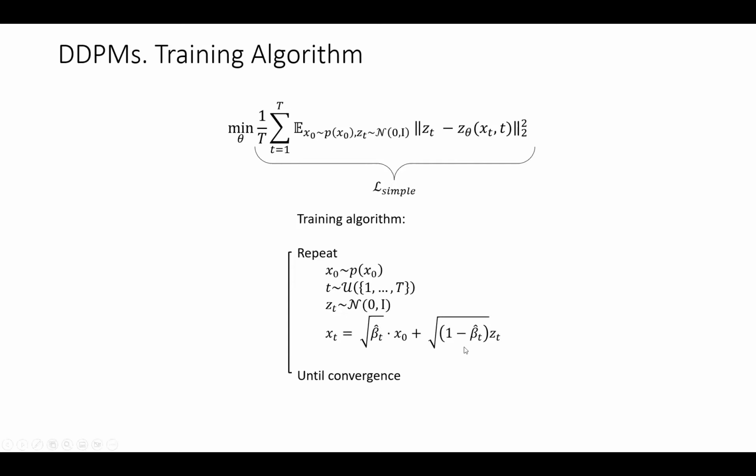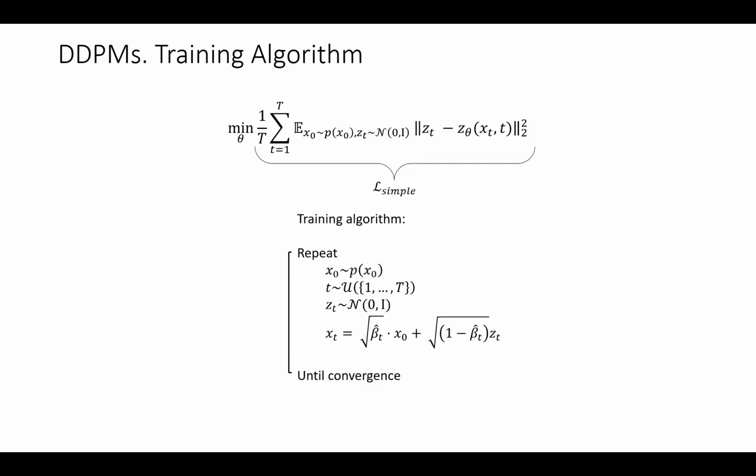As you see, we start with x0, which is this one, and then we have this beta t hat and beta t here, and zt, which is here. That's why this beta t, beta t hat, and so on are important, because they guarantee that if we follow that, then we will end up with the normal distribution at the end.